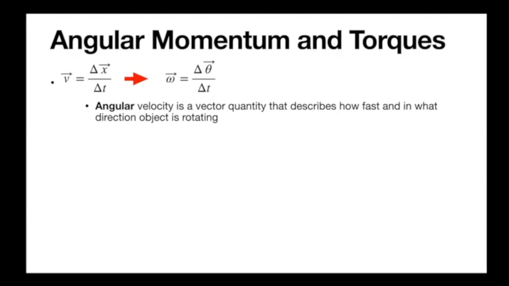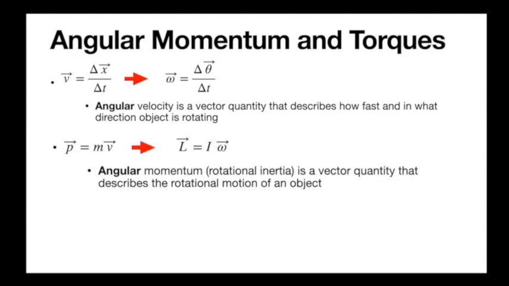What do we do in linear, going from velocity? What else is important, right? When we're describing motion, we decided that the mass was important, right? 2 things moving at the same speed or same velocity, the one with higher mass has more momentum, and that's very physically important. Same thing goes with rotations, so we have angular momentum.